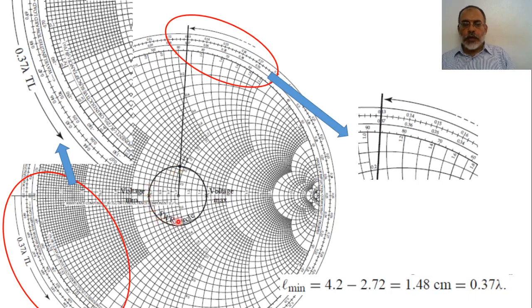Moving toward the load is effectively counterclockwise or anti-clockwise. Here we see that this is the direction. I'm magnifying this point. This direction is wavelength toward the load. So wavelength toward the load is in this direction. And I'm starting from the minimum. So I'm starting from this point, which is 0.